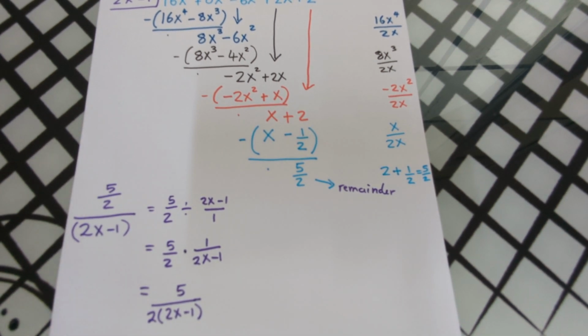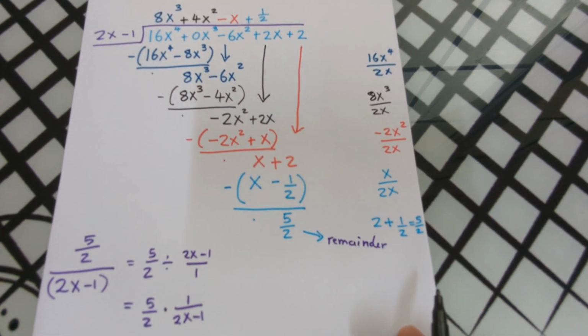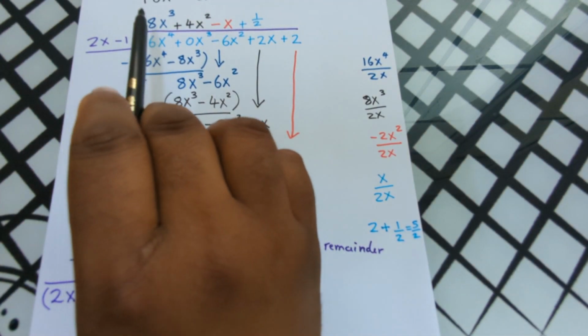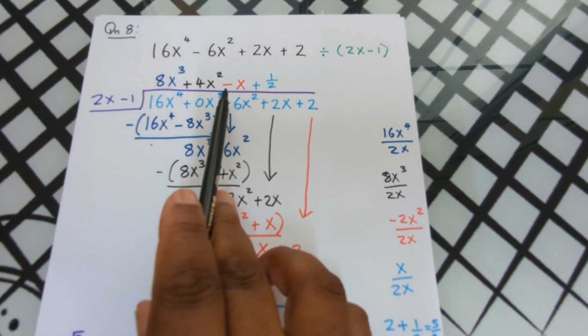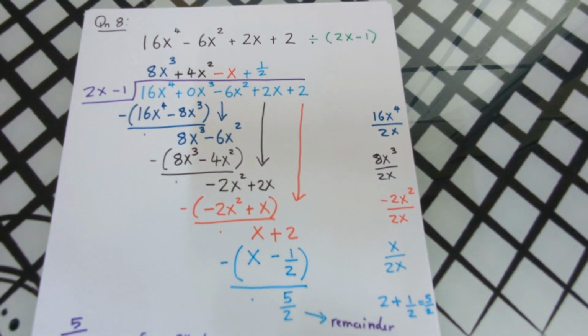Now let's write our final answer. Our quotient was 8x cubed plus 4x squared minus x plus 1 over 2.